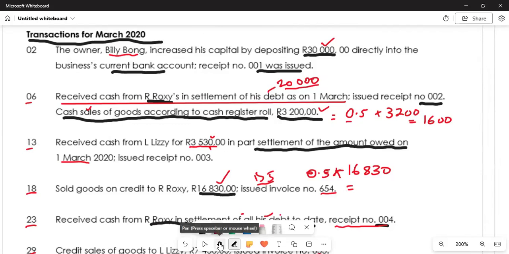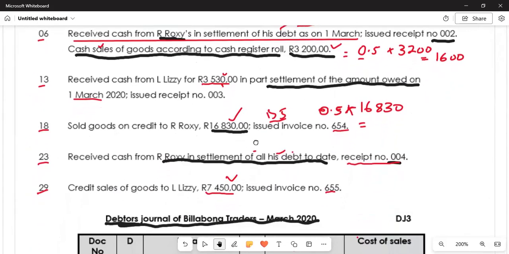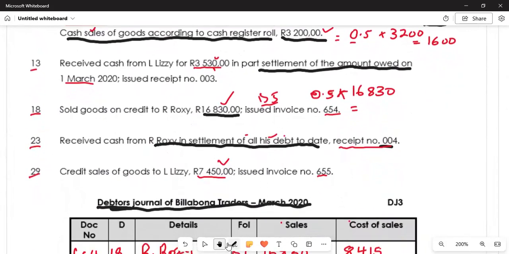Then again come to the 29th. On the 29th, we did sell our stock on credit to Lizzie of this much. How much did it cost us to sell the stock?